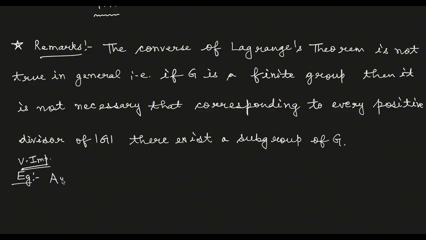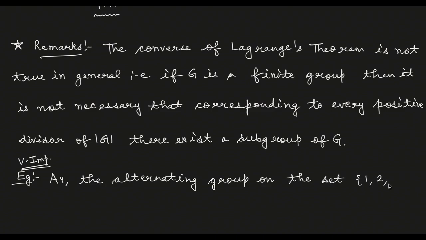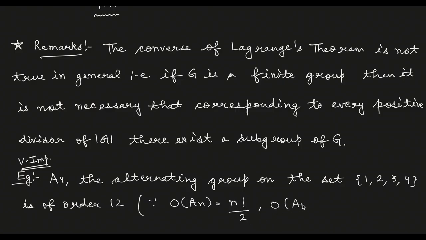A4, the alternating group on the set {1, 2, 3, 4}, is of order 12, because the order of an alternating group is n factorial by 2. So the order of A4 will be 4 factorial by 2, 24 by 2, 12.